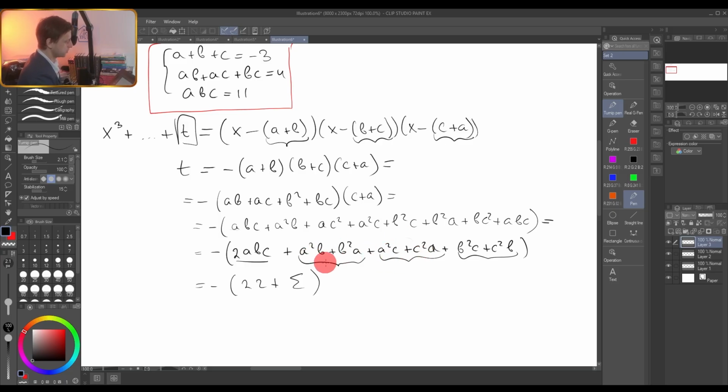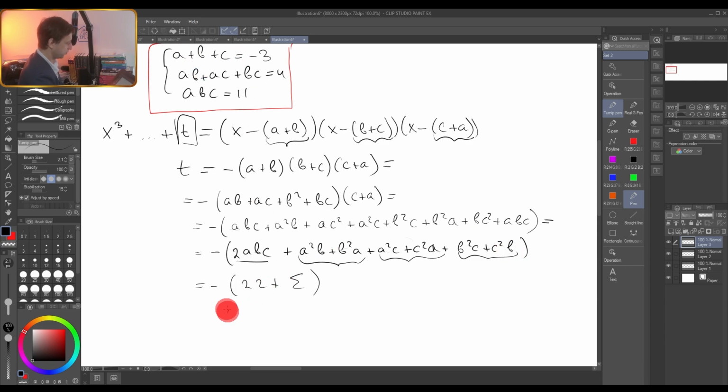But as you can see here, a squared b, you will get a squared b if you multiply this one by this one, and you will get b squared a if you multiply this one by this one, and you will get a squared c if you multiply this one by this one, and b squared c if you multiply this one by this one. So it is a hint for you that if you multiply these two expressions, you will get every term that is present here. So maybe let's multiply them independently, and we will see what we get.